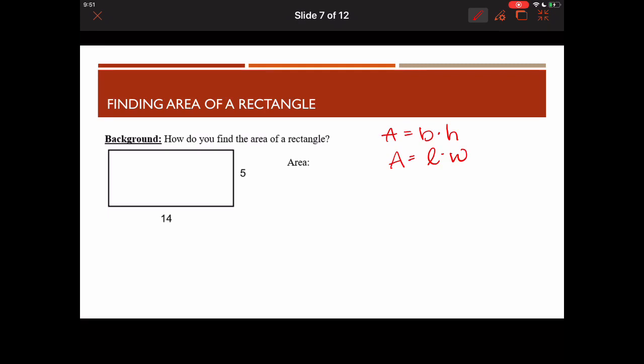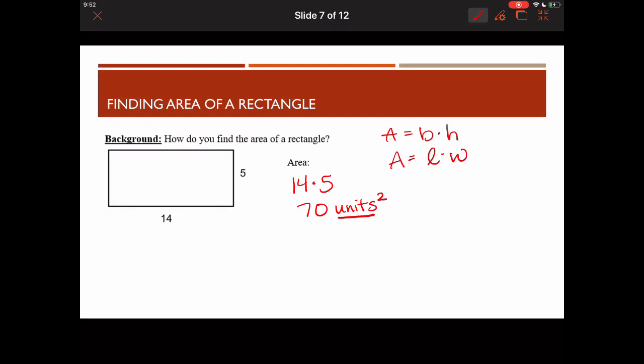But in this case, we would say that the area of this rectangle is equal to 14 times 5, which is 70 units squared. Now we say units squared. Hopefully you remember this from when you calculated area, because we don't know if this is 5 inches, 5 centimeters, 5 feet. We don't know. So we can just write units squared.